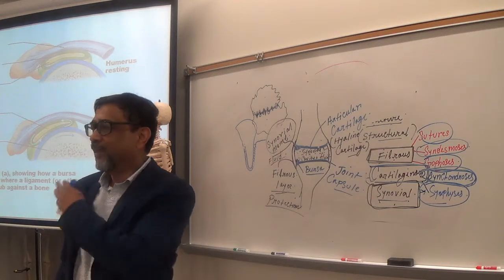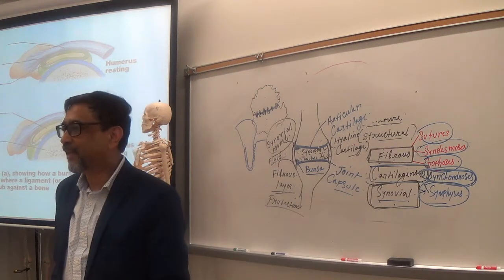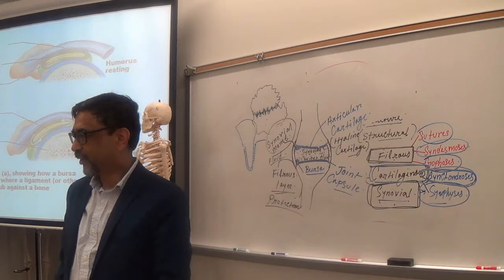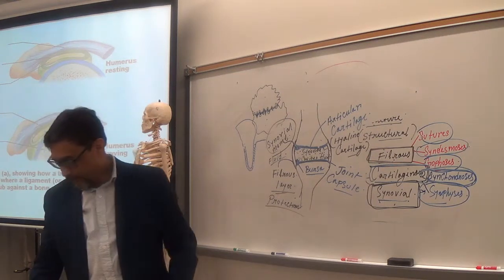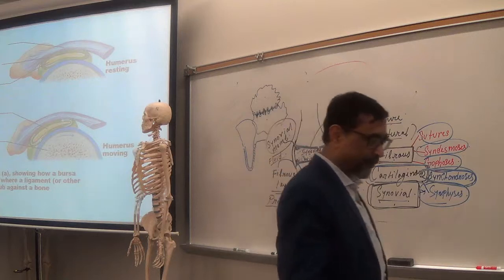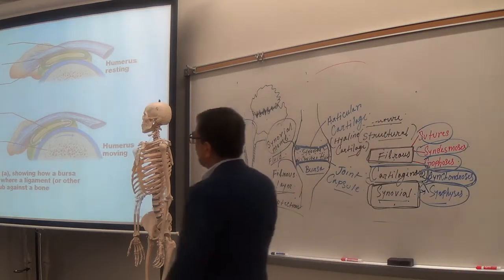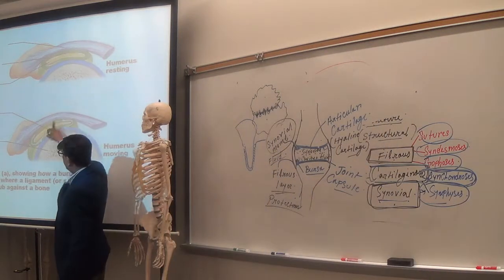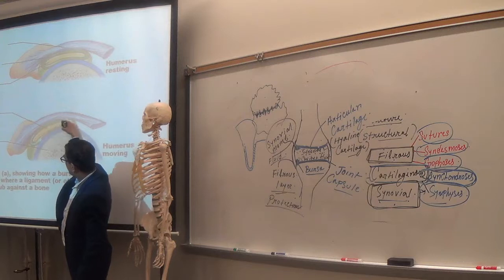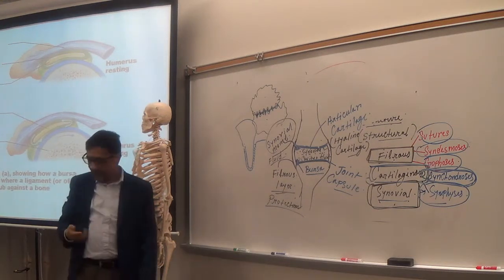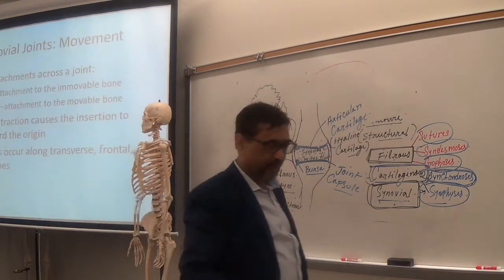The person will have pain and restricted movement due to the problem in the bursa. You see, this is a ligament, and this is the head of the humerus. So it rolls under the ligament and reduces the friction.